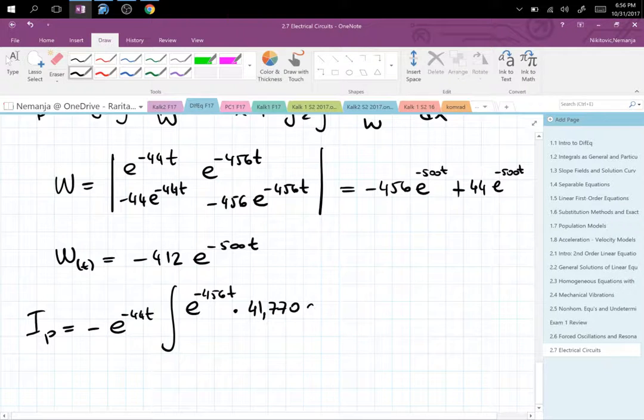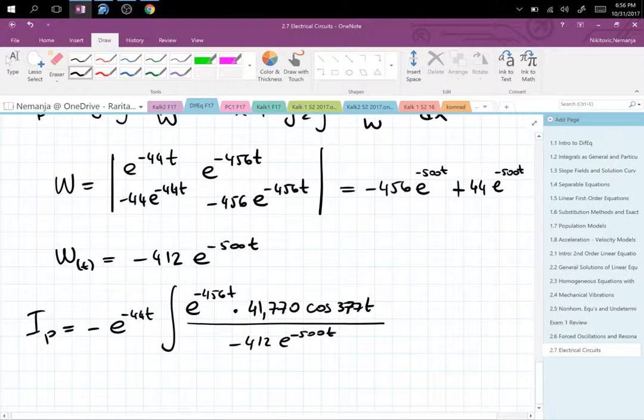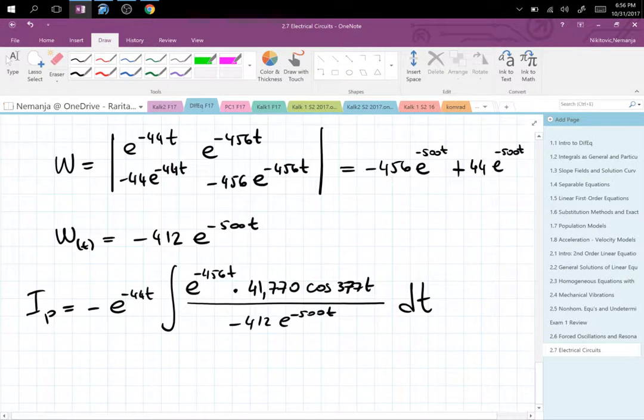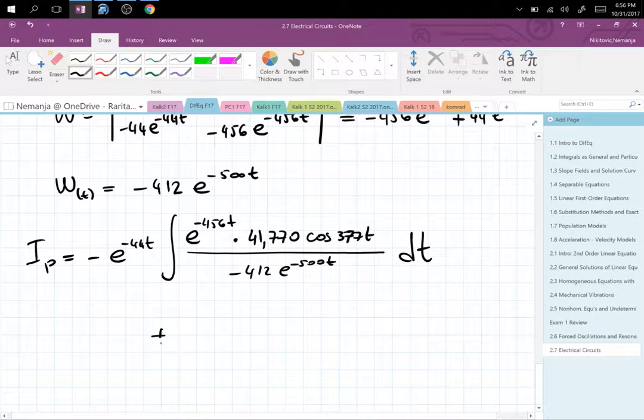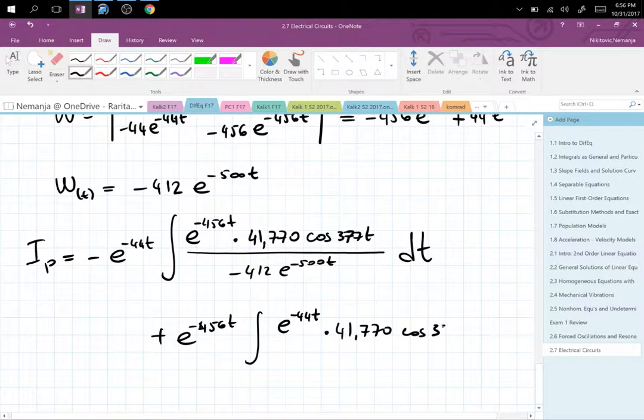41770 cosine 377t divided by the Wronskian, which is negative 412 e to the negative 500t dt, and then plus e to the negative 456t integral of e to the negative 44t times 41770 cosine 377t divided by negative 412 e to the negative 500t dt.